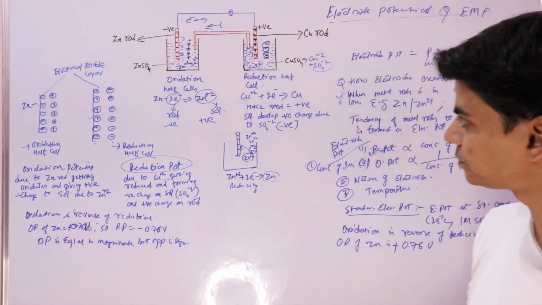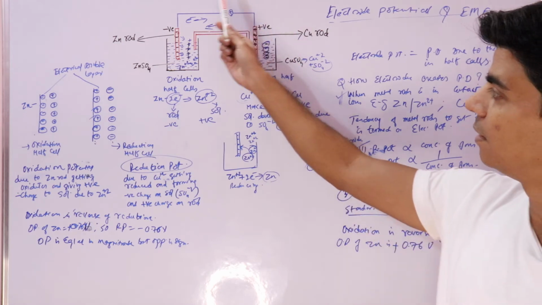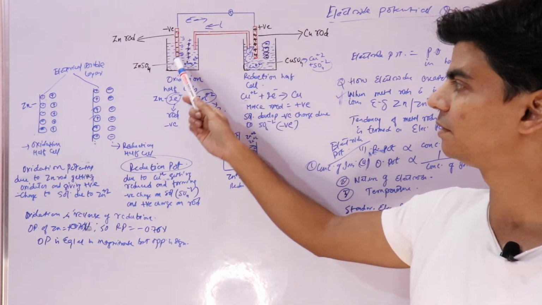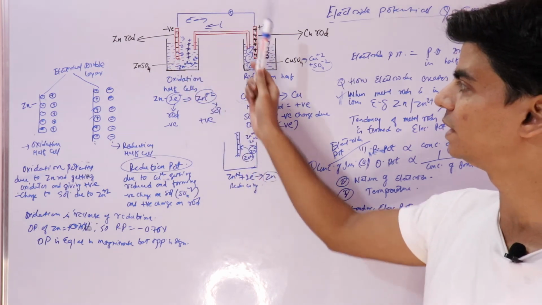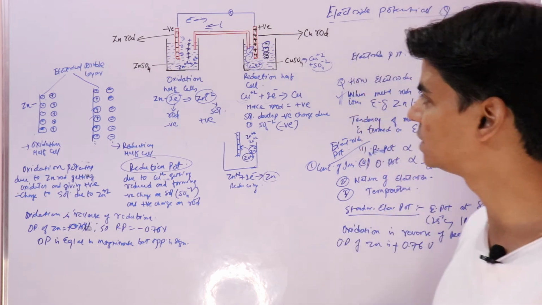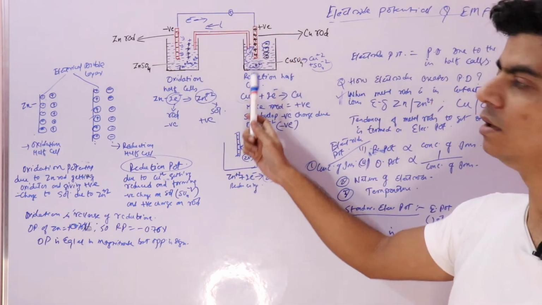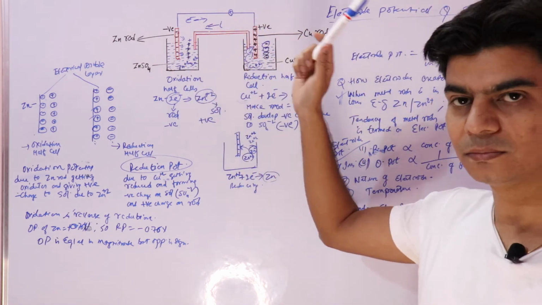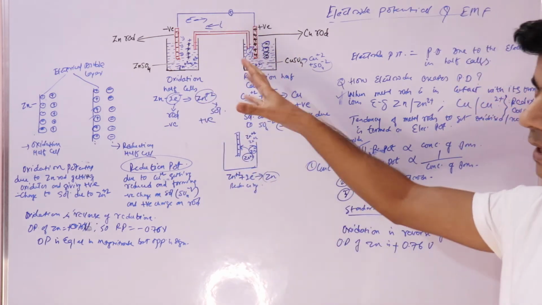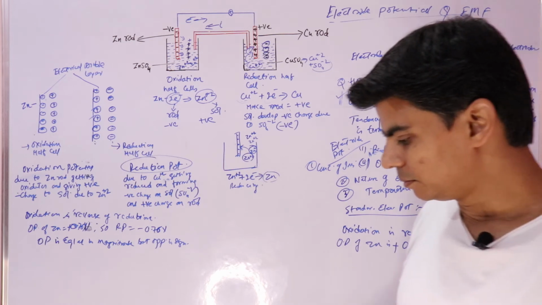And since we said that this potential difference has developed due to oxidation and reduction reaction, which together is known as redox reaction, we say due to redox reaction, potential difference has developed, due to which current is flowing in this cell, right.